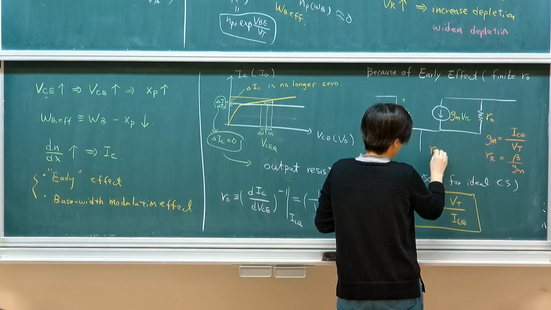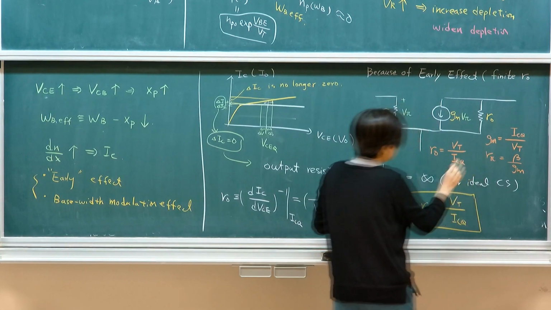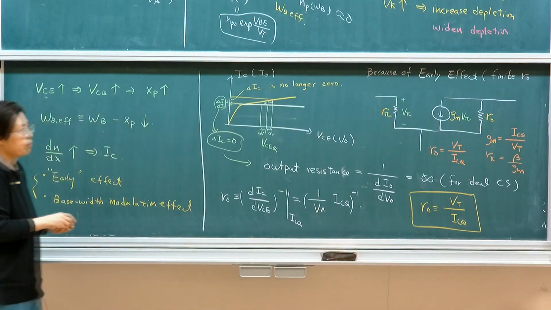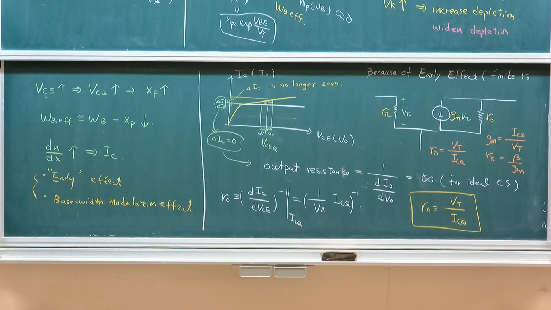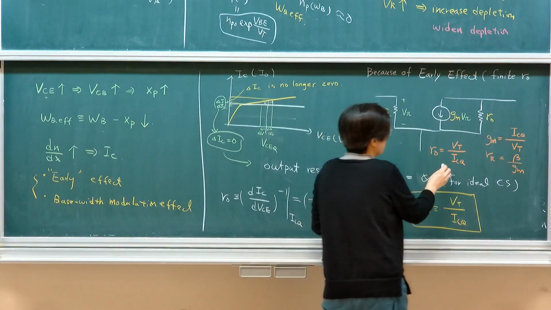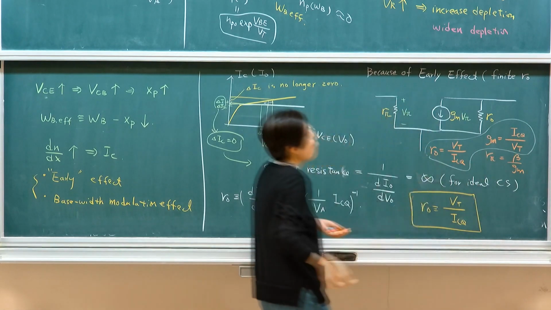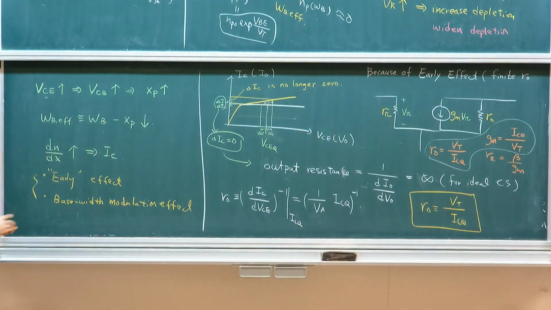And finally, output resistance is also dependent on your biasing point as well. And this is very, very important. This would limit your ultimate gain. We're going to talk about that, the ultimate performance of the transistor or technology. Okay? Good? Any questions?